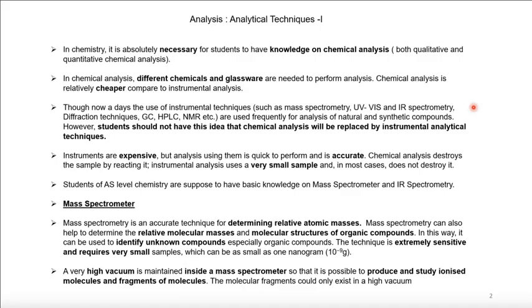In AS level, we will see that there are only two instrument analyses in the syllabus. One is mass spectrophotometry, and another is IR spectrometry. Okay, in our earlier lectures, specifically when we were talking about atomic structure and bonding, we did talk about mass spectrophotometer to determine the isotopes of elements.